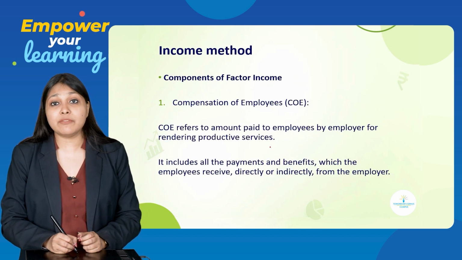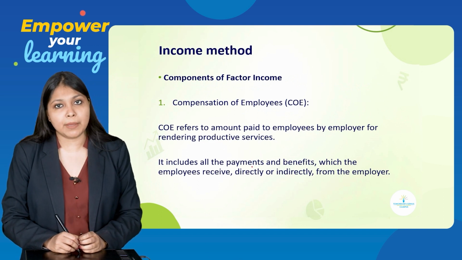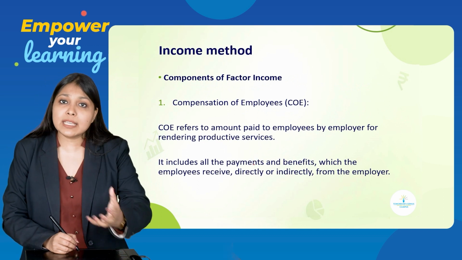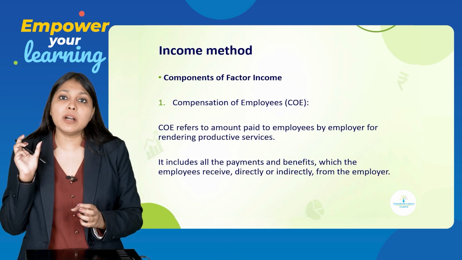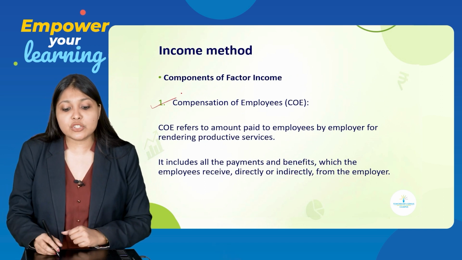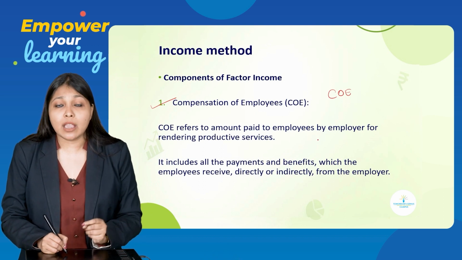Now, the next very important thing to understand is the components of the income method. What are the major components of the income method? Because with these components, we are going to form a formula. The first component is compensation of employees, which is known as COE.